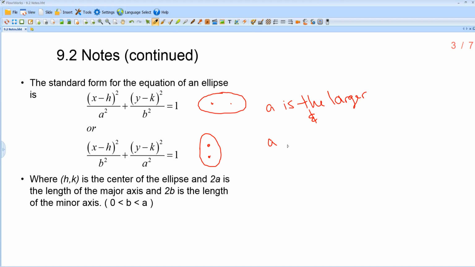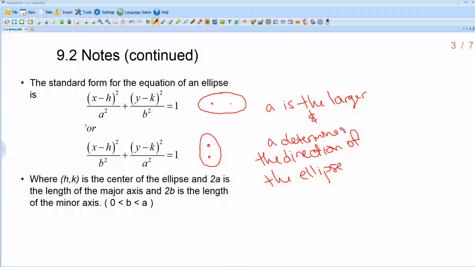So a determines the direction of the ellipse. Sorry, I called it an oval. So a being underneath the x term means that this is going to lay out horizontally. So the length will be horizontal. a being under the y term means that the longer part of this is the vertical.